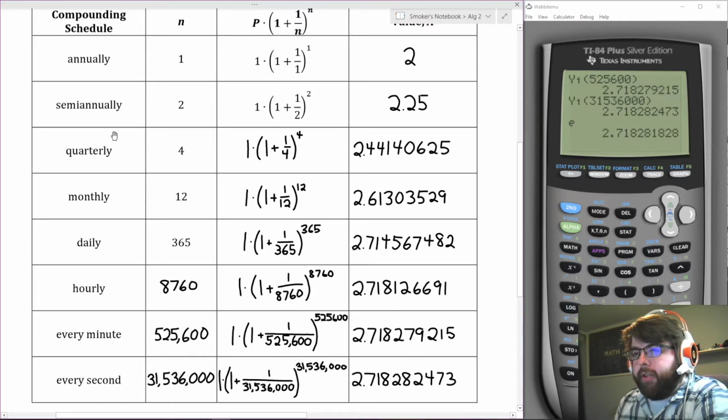Essentially, that's what we're getting closer and closer to. If we kept going, it would get closer and closer to this number e, which does not repeat. I know there's a lot of 8s and 2s there, but it actually doesn't repeat if you look at it closer. So the number e is an irrational number.